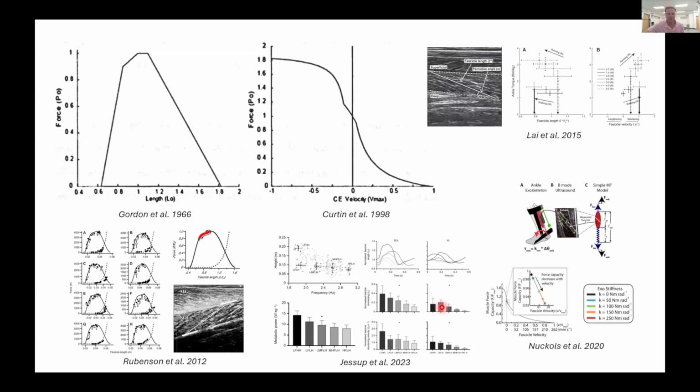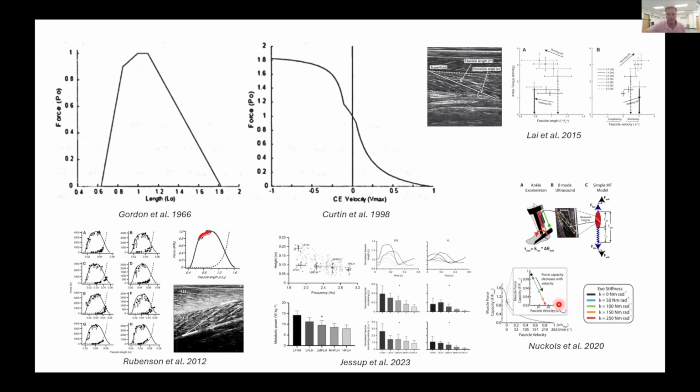And as I briefly mentioned before, we can also think about this from the perspective of facilitating movement, enhancing muscle dynamics through potentially some sort of assistive device. Here, using a passive ankle exoskeleton during walking to assist plantar flexion and varying the stiffness of that exoskeleton, Nuckols et al. were able to find that stiffness was affecting the force generating capacity of muscle.